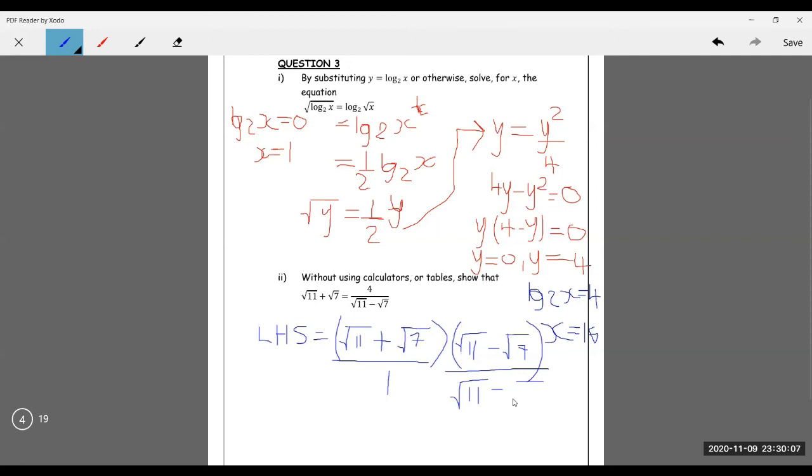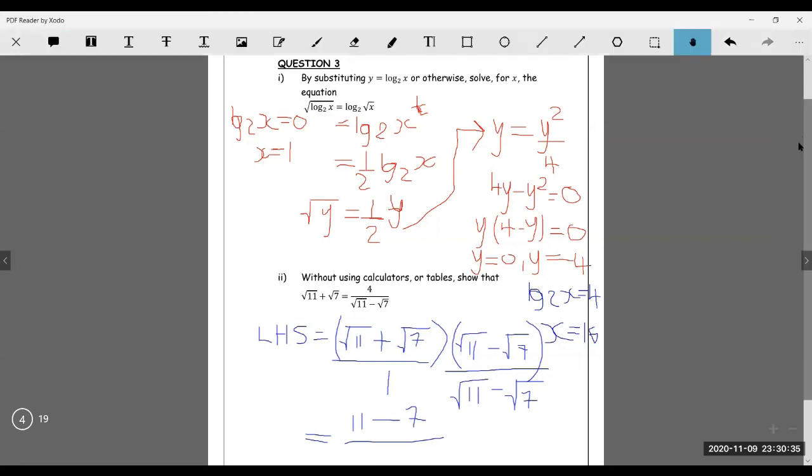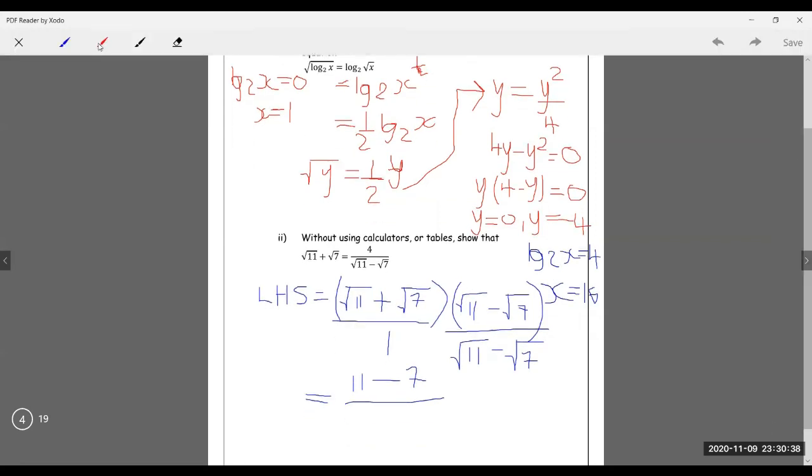Now the numerator becomes the difference of 2 squares, so root 11 squared is 11, and root 7 squared gives us 7. So it becomes 11 minus 7 over the denominator root 11 minus root 7, and 11 minus 7 is 4. Nice. Easy, isn't it?